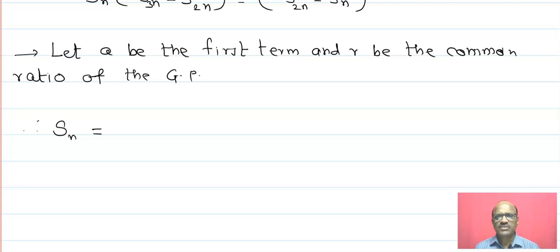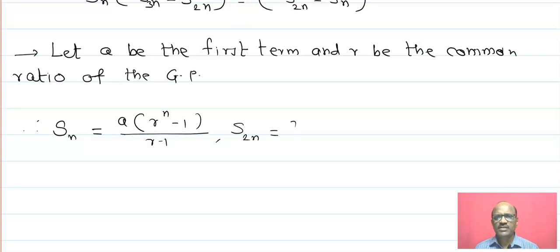Therefore, Sn is equal to, by using the regular formula, A in bracket r raised to n minus 1 upon r minus 1.